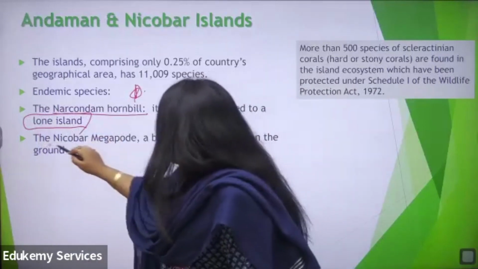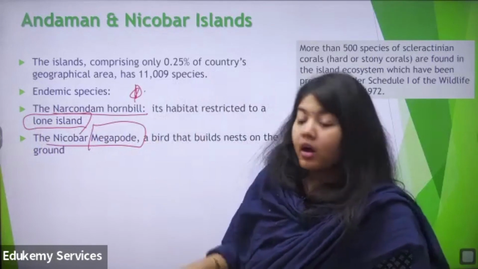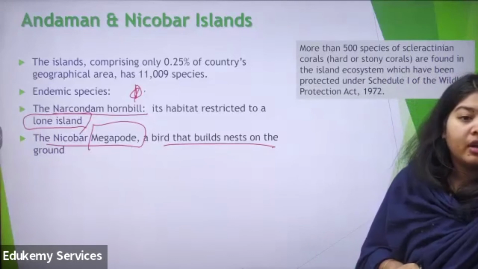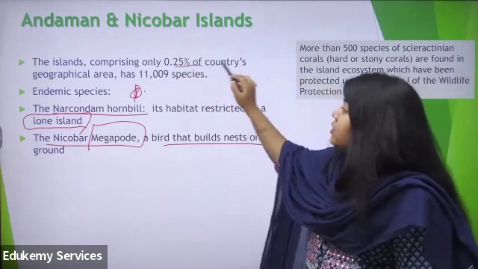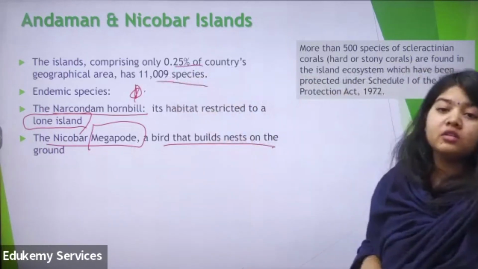Then I have the Nicobar megapode. This is a bird that builds its nest on the ground. The island comprises only 0.25% of the geographical area, but has more than 11,000 species.